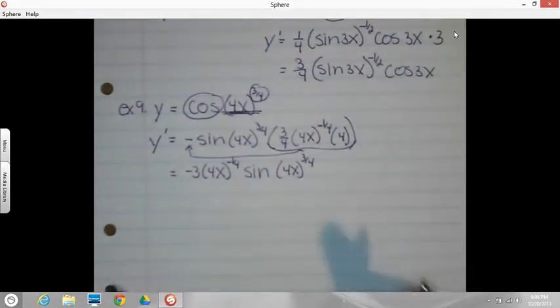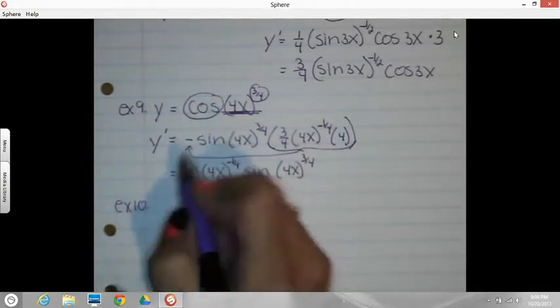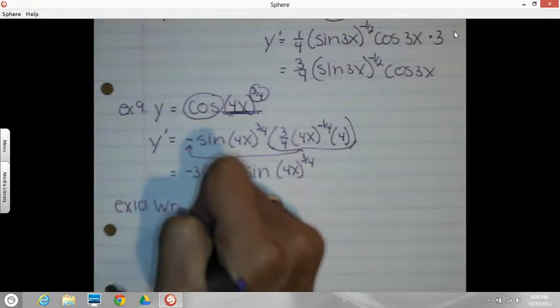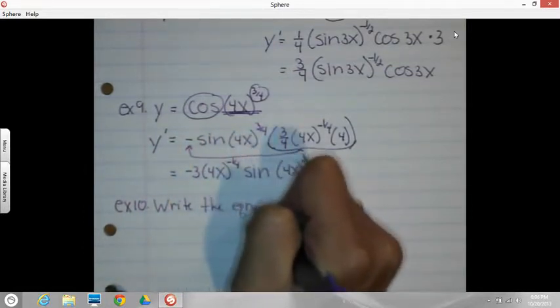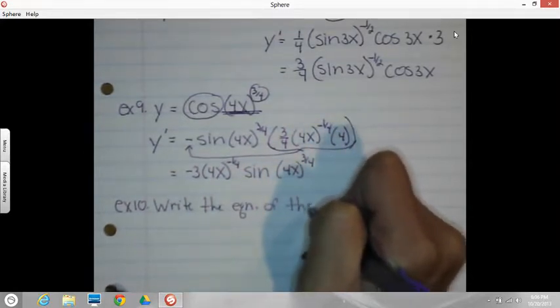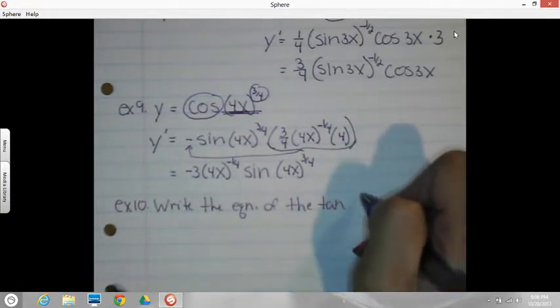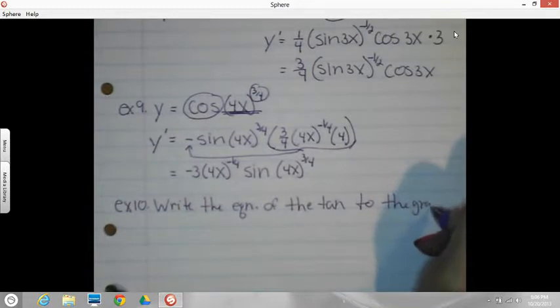Okay, last one. We're going to write the equation of the tangent line to the graph at the point.